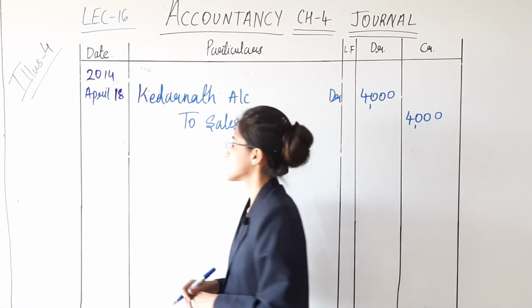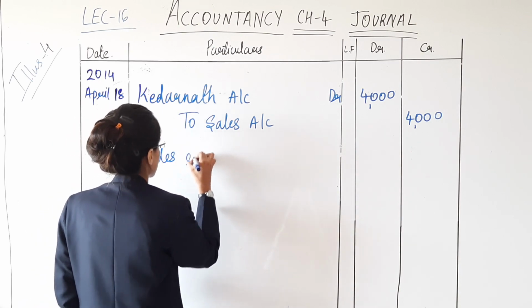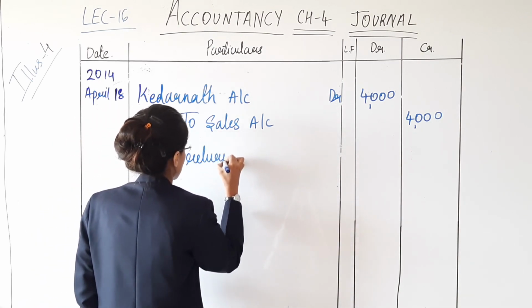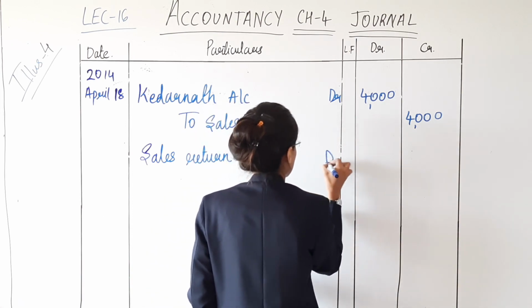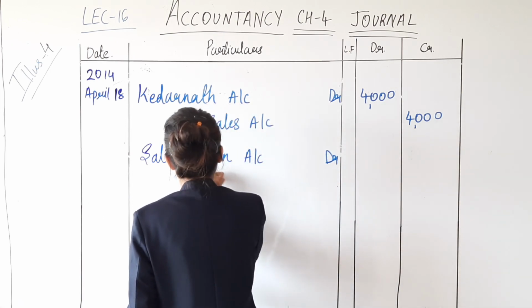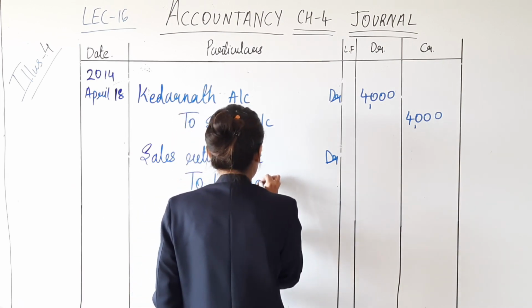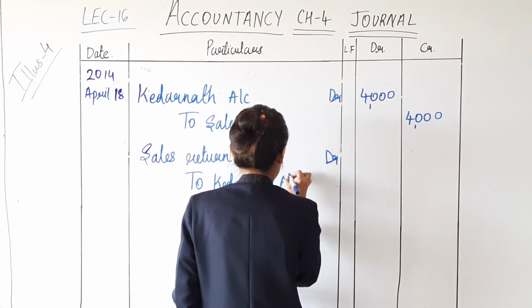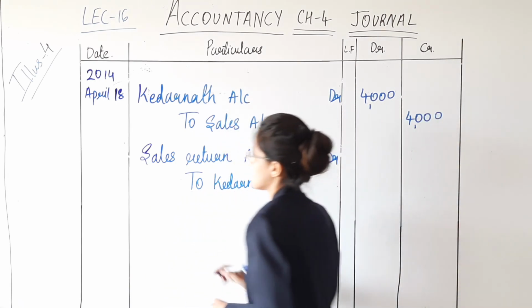So this is sales return. Sales return account debit to Kedarnath account, on 22nd of April.